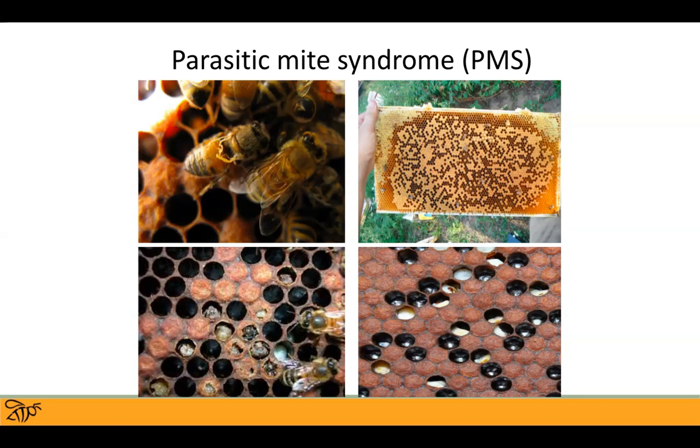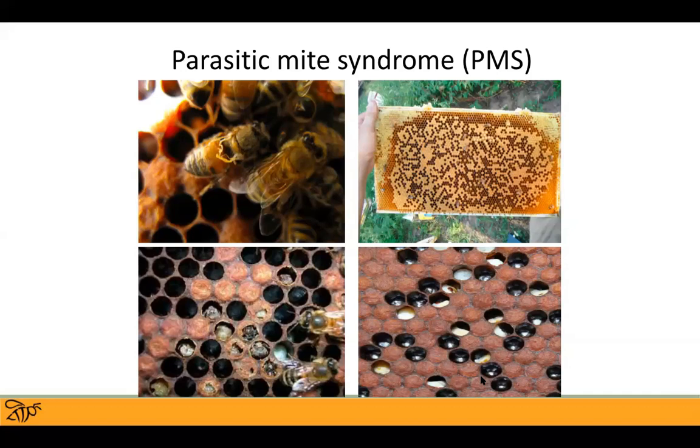On the bottom left, those are those dead pupae that are uncapped or bald. So again, under normal circumstances, you shouldn't be able to see pupae. They should always be capped over. And these ones you can see look pretty unhealthy. On the bottom right, we have those dying deflated larvae, aka snot brood, like I mentioned.